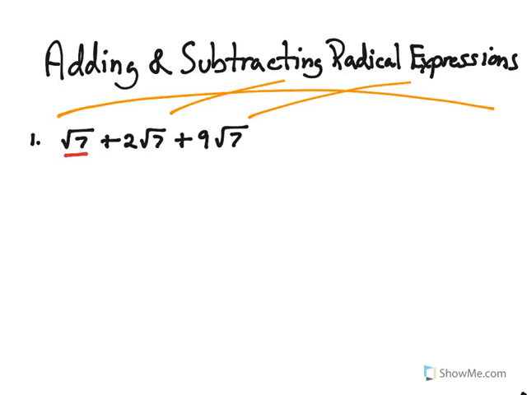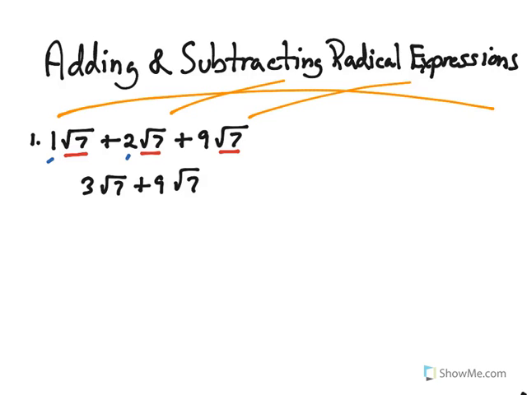So radical 7 is common in all three terms. And the coefficient here is 1. So we can go ahead and combine all of the coefficients, and then we can get one term. So when we do that, we have 1 plus 2, which is going to give me 3 radical 7.